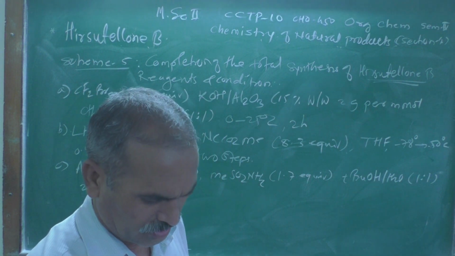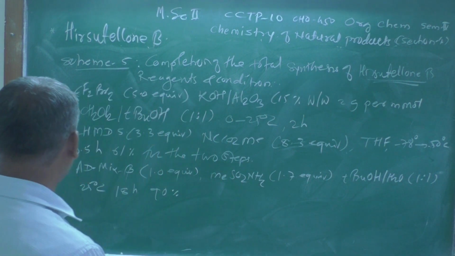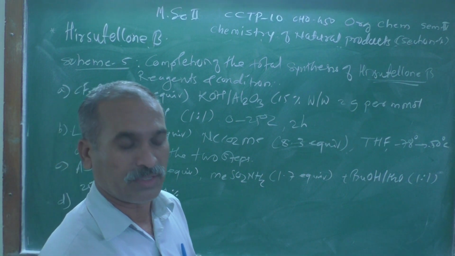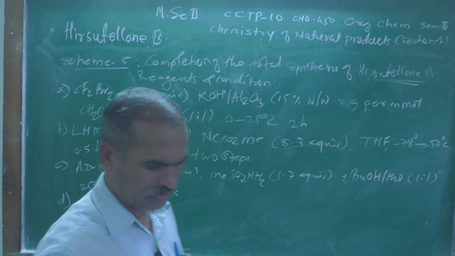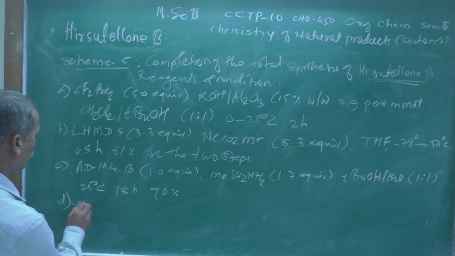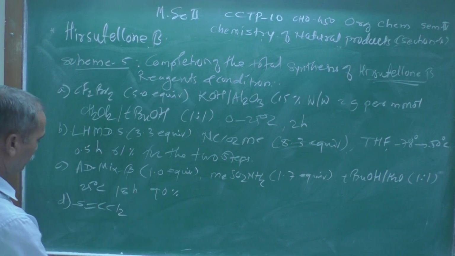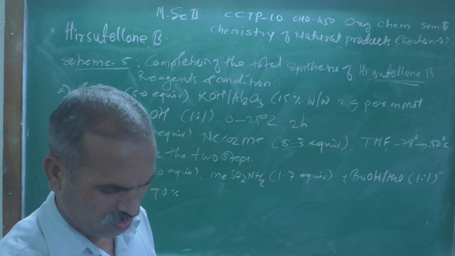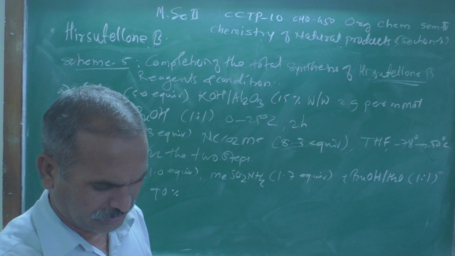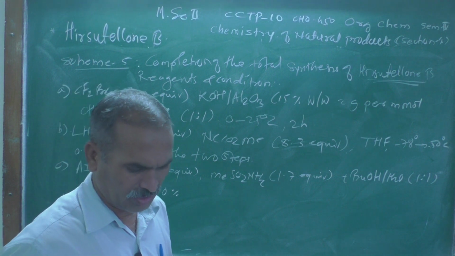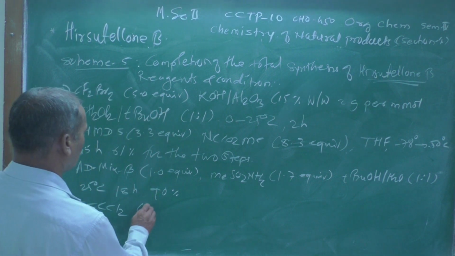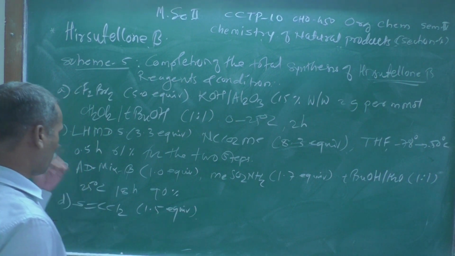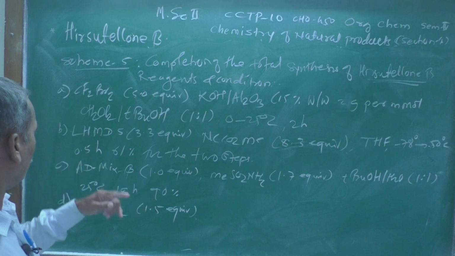Now let us see reagent D over here. The reagent taken is S=CCl2, at 1.5 equivalent. I think we need to make a correction in the previous reagent.